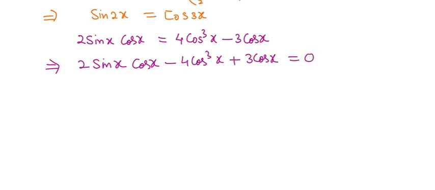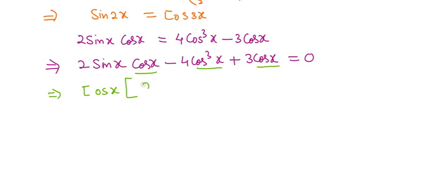Here we have 3 terms. In this term cos x, in the middle term cos x also, and in the final term cos x. So we will take cos x common from all these 3 terms.